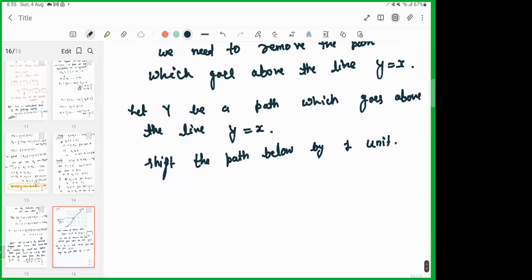So now the shift of gamma is gamma dash, let's say.